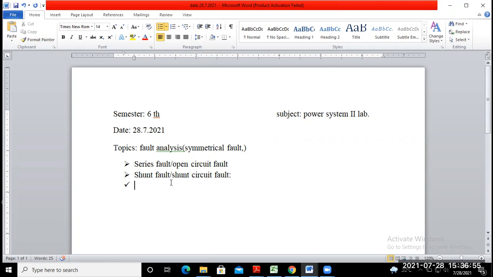The shunt fault can be classified as the triple line fault, triple line to ground fault.